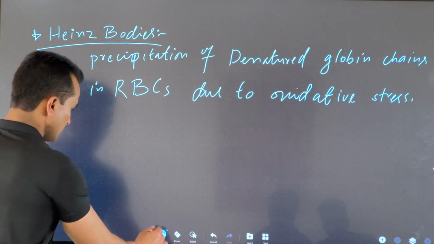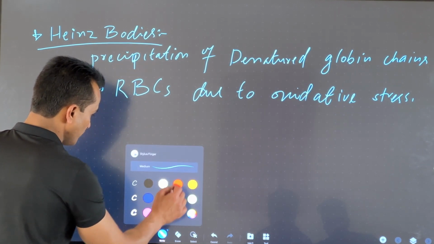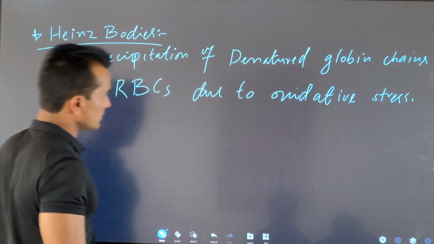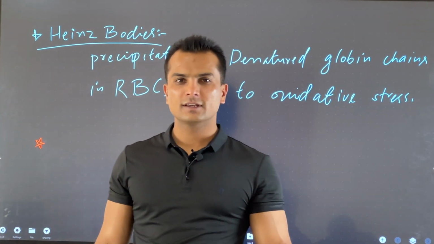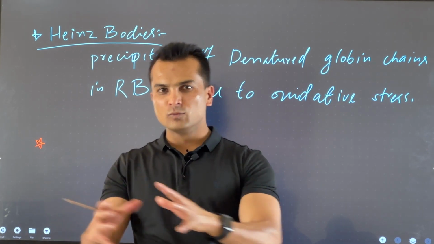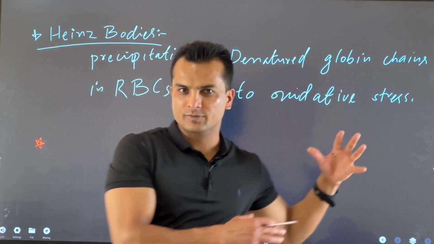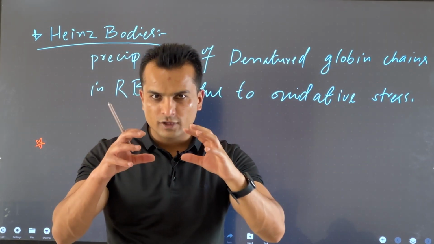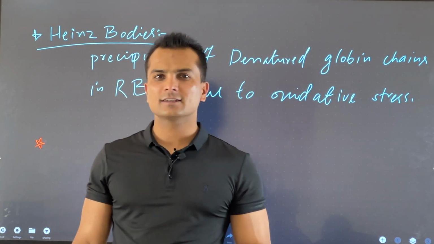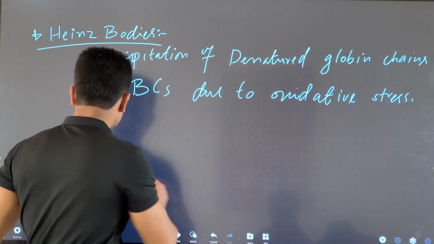And when these Heinz bodies, these globin chains, are sensed by splenic macrophages, which are part of your immune system, they try to remove these debris from the red blood cells and give a bite to the red blood cells, and that is called bite cells.